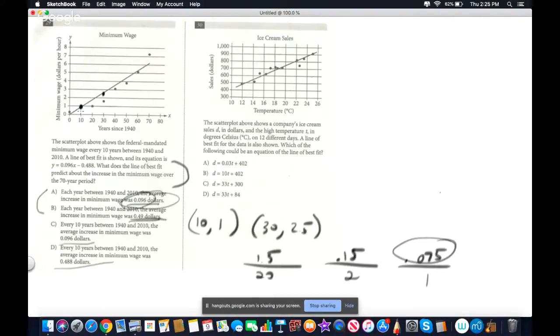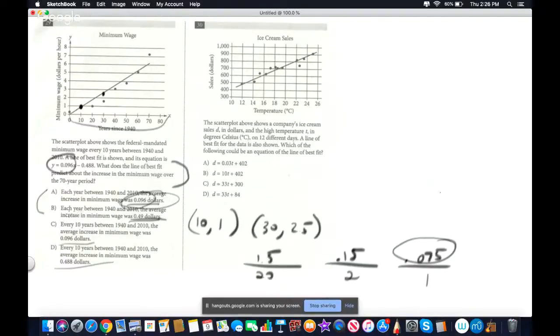Actually, I should be careful here. I didn't have to do that math because the line already gives me a slope. So the question becomes, what is X and what is Y? Let's see, what is X? X definitely seems to be just years, and Y is minimum wage.